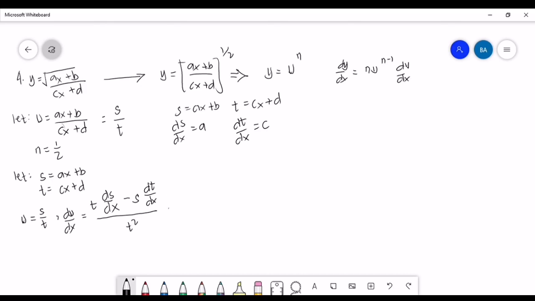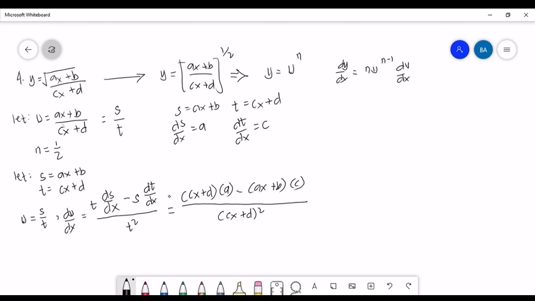So this is t, which is cx plus d, times ds with respect to x, which is a, minus s, which is ax plus b, times dt with respect to x, which is c, divided by the square of t, which is cx plus d squared.